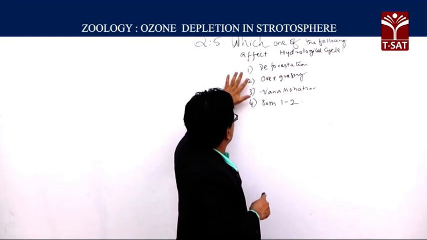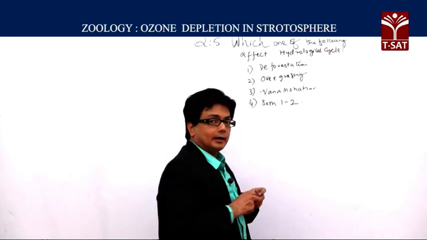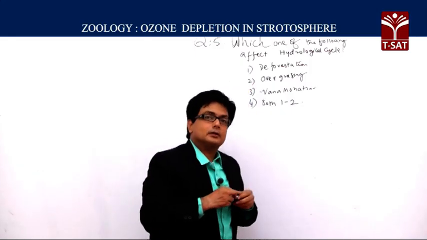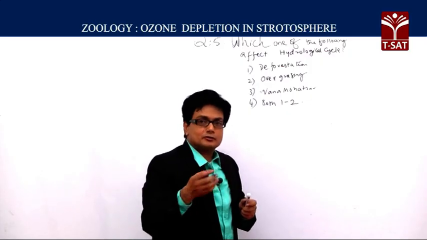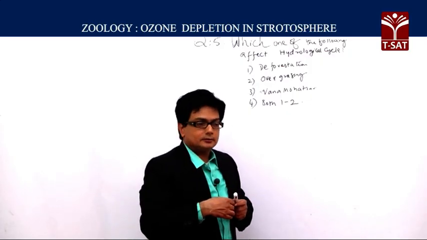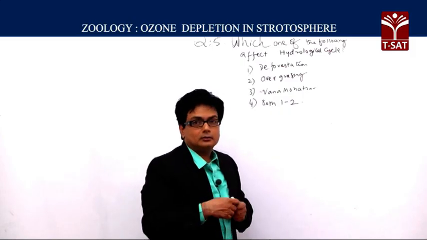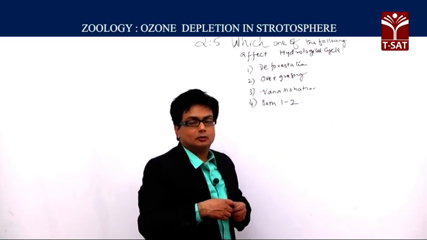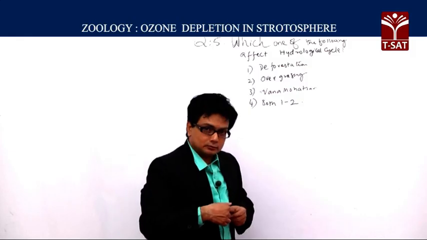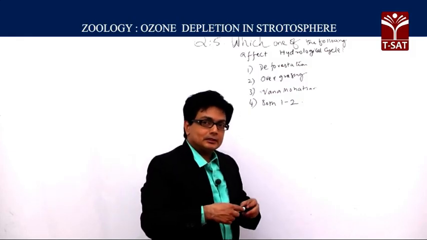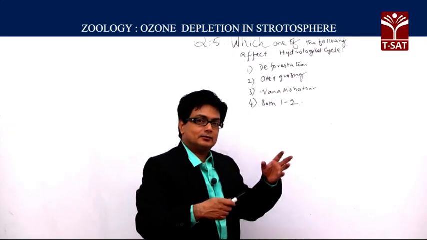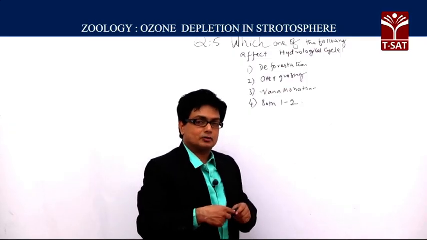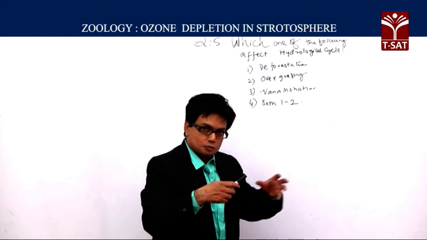If you look at this 1, 2, 3 and 4, the hydrological cycle is affected by several things like deforestation, global warming, all will have a very detrimental effect on the hydrological cycle. Since our topic is revolving around plantation, overgrazing, excessive cultivation, etc., we will take those words.